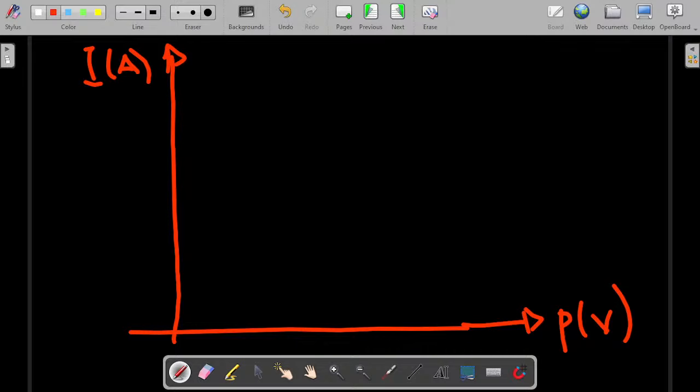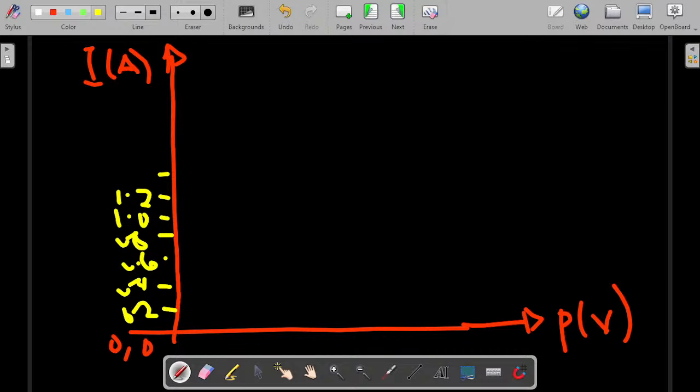So I will label the graph 0.2, 0.4, 0.6, 0.8, 1.0, 1.2, 1.4, 1.6, 1.8, 2.0, 2.2, then 2.4.